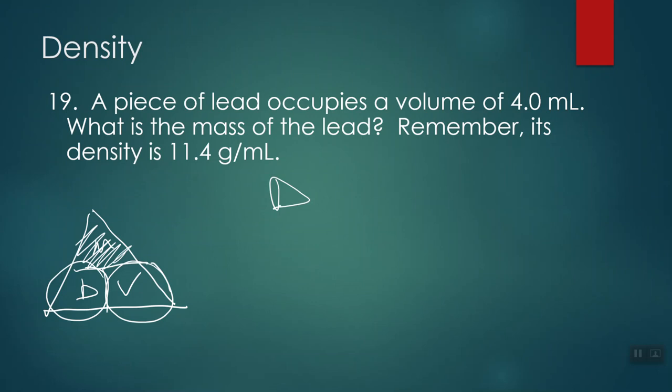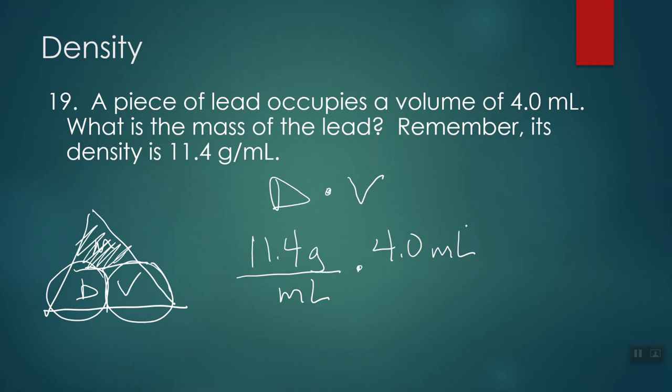D and V. D times V is what you have to do. 11.4 grams divided by milliliters times 4.0 milliliters. Notice that in algebra, if you have the same thing in the numerator as you have in the denominator, you can cross them out. So this leaves you an answer in grams.